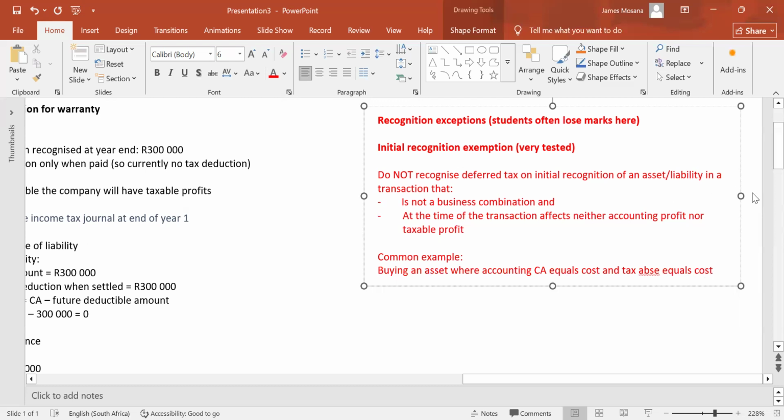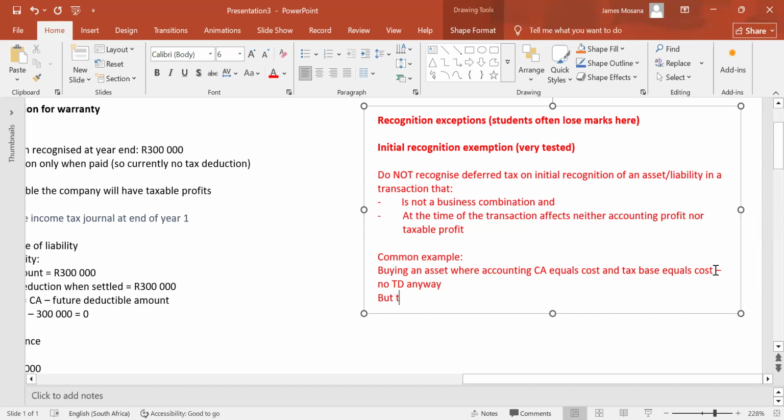Right. So now, there are no temporary differences anyhow. But if I were to elaborate on this example, it's going to confuse you a bit.